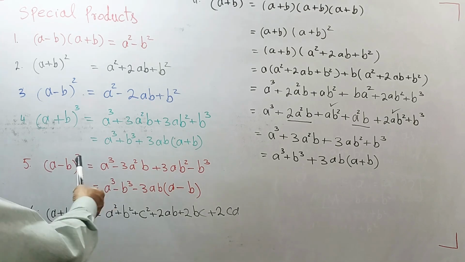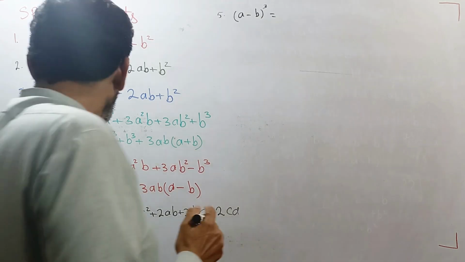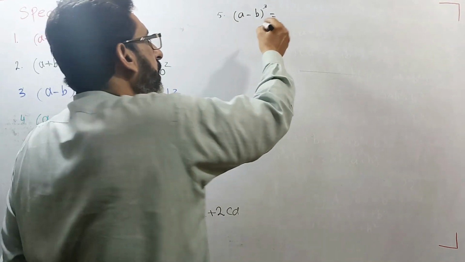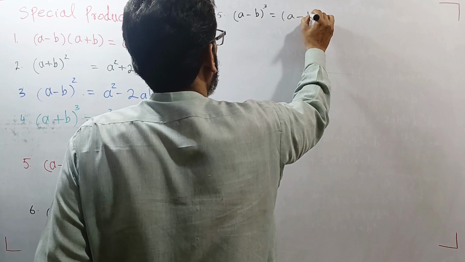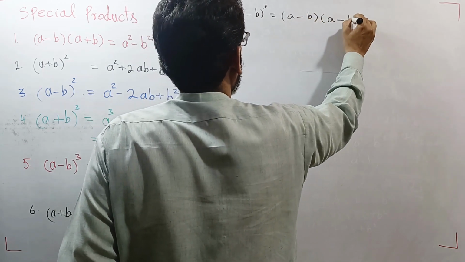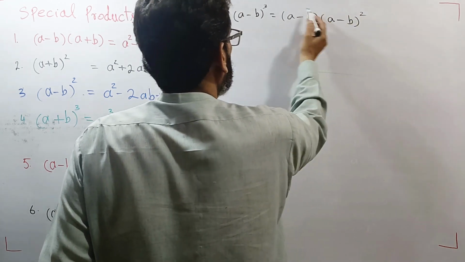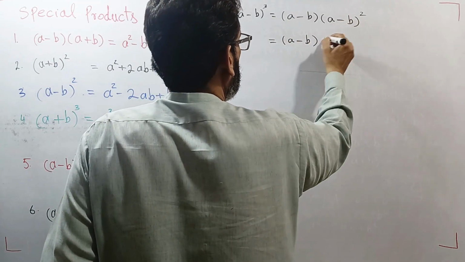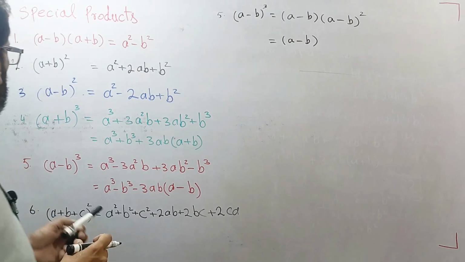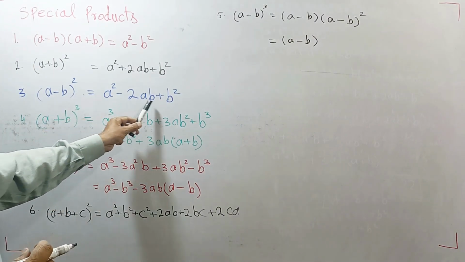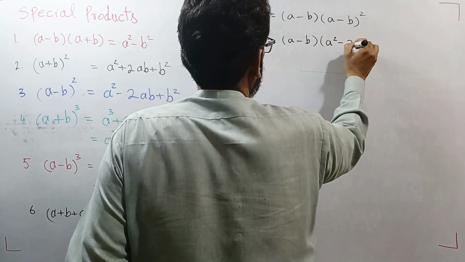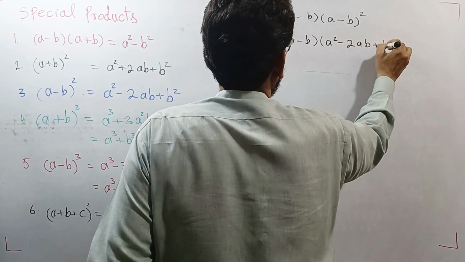In the same way, we can prove formula number 5. Our formula number 5 is a minus b whole cube. We can write it a minus b into a minus b square. A minus b, this is perfect square, and we know it is a square minus 2ab plus b square.